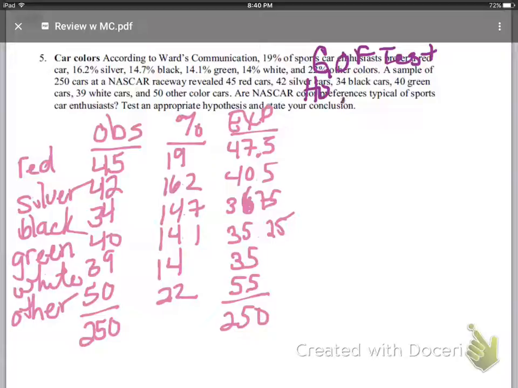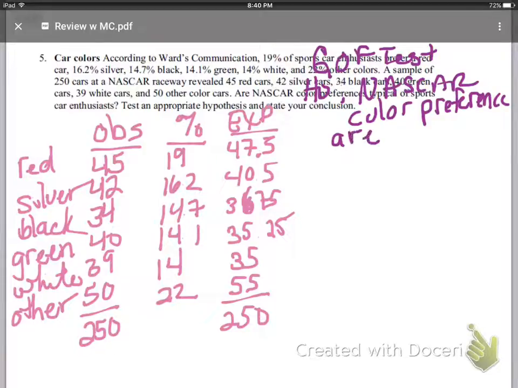So NASCAR color preferences are typical of sports enthusiasts.